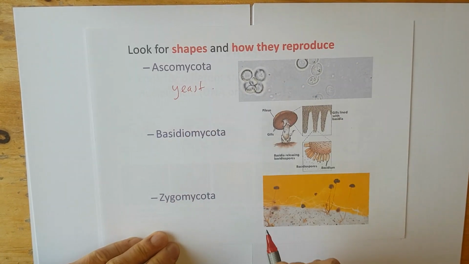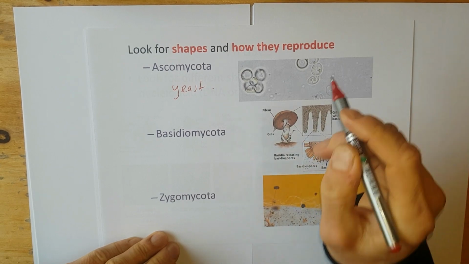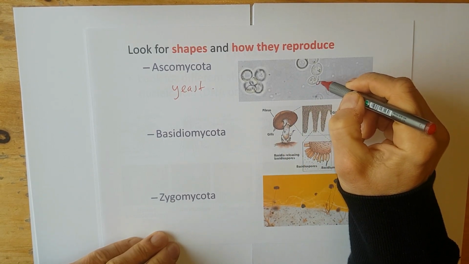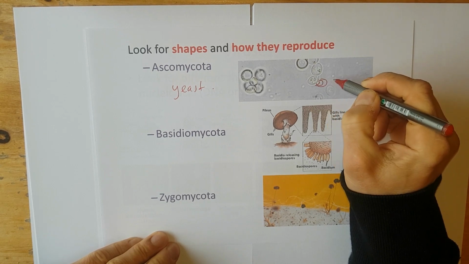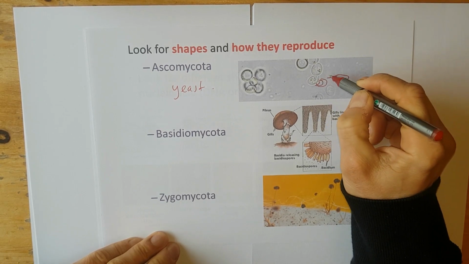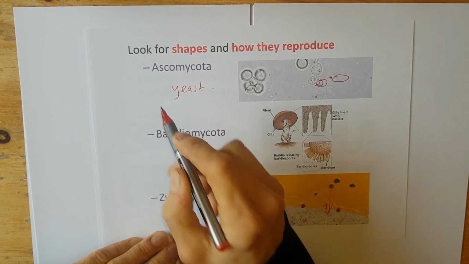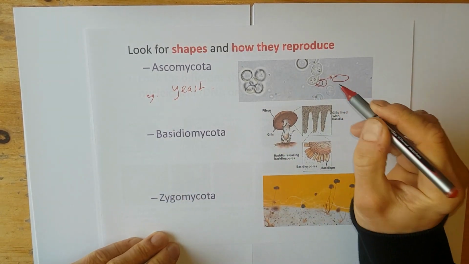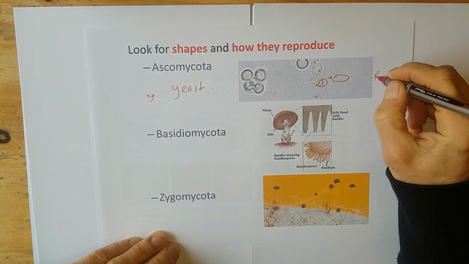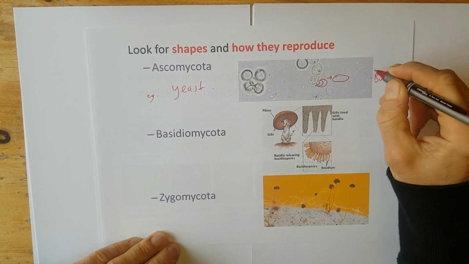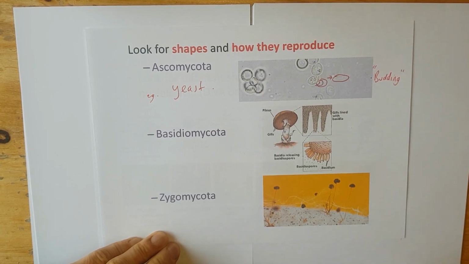These are like yeasts, and they reproduce by budding. So you get a little one that grows on and then buds off to a separate one. So Ascomycota, for example, yeasts, and they reproduce by budding, and you've seen a video of that.